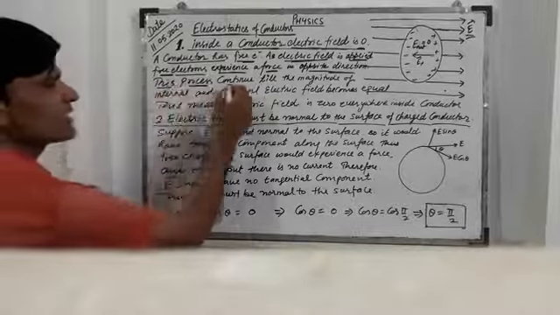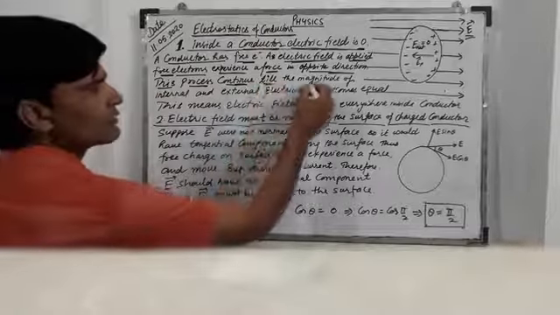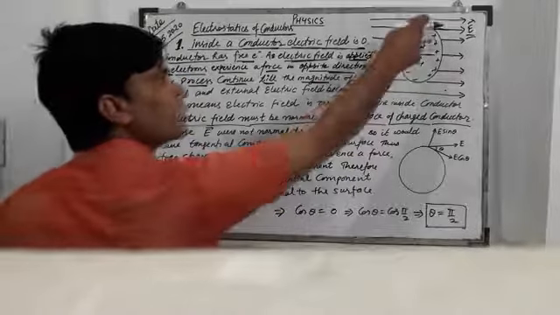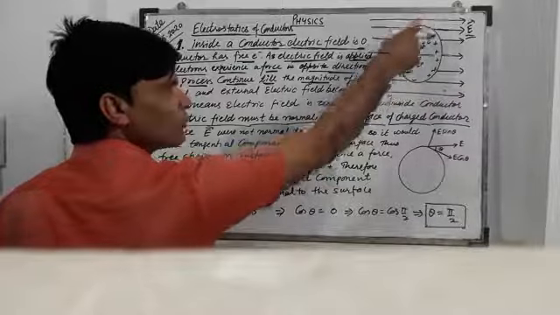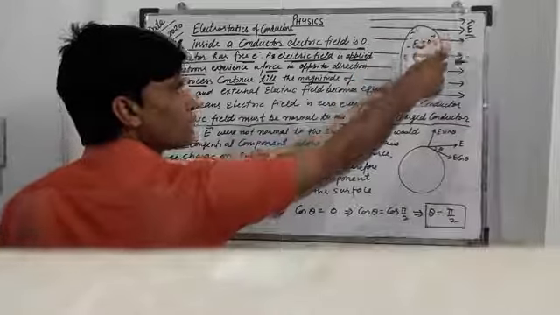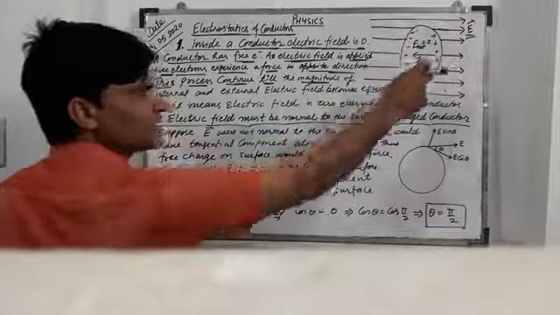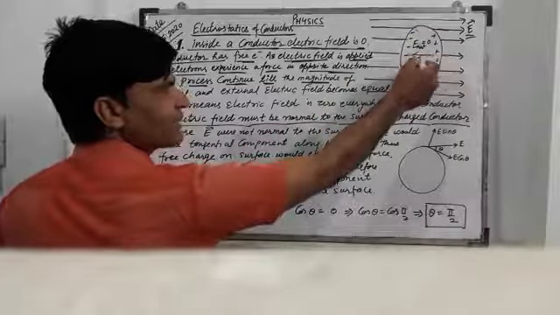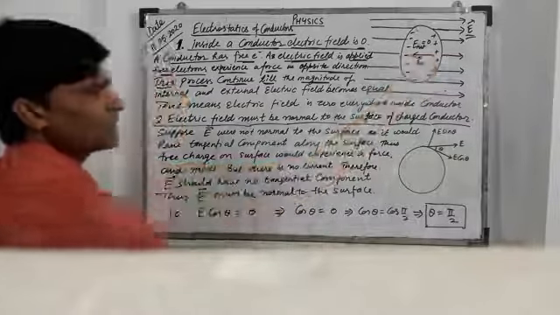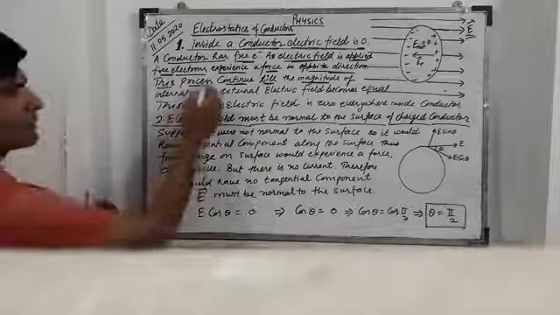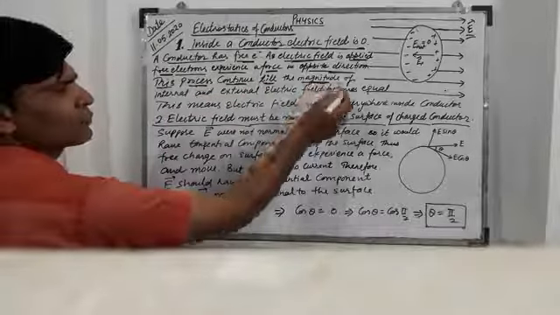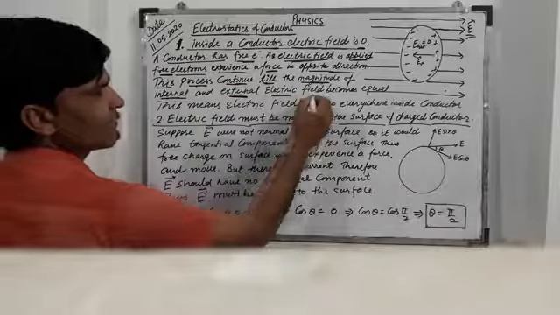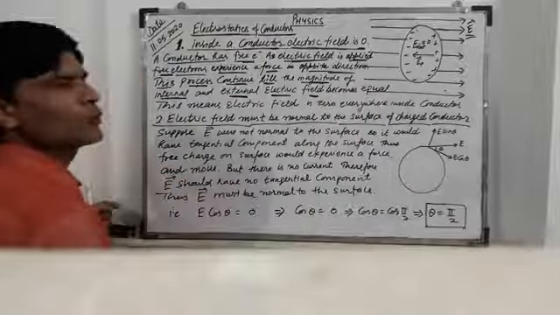This process continues till the magnitude of the collection of negative charge on this surface leaves the positive charge on this surface. This creates an internal electric field EP. This process continues till the magnitude of internal and external electric field becomes equal.